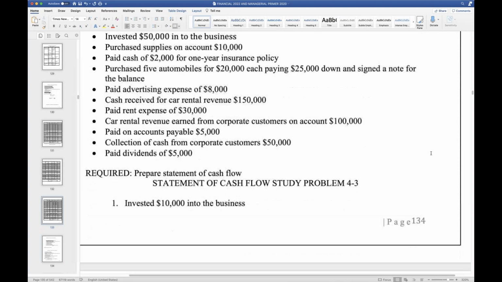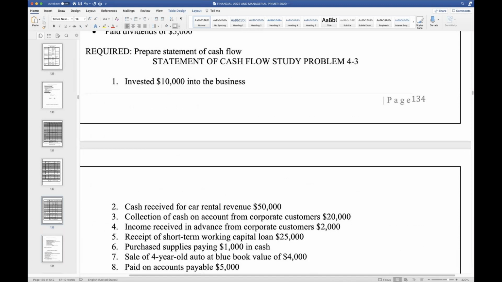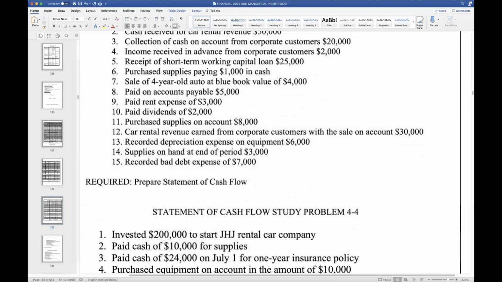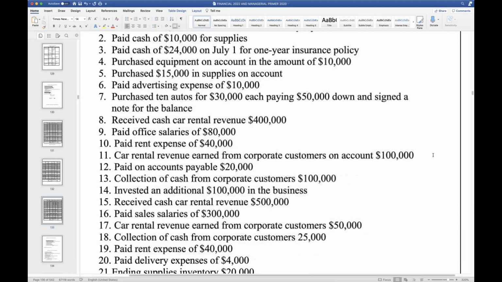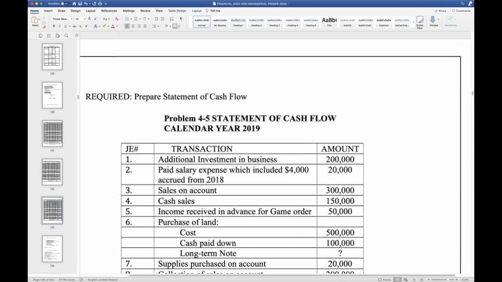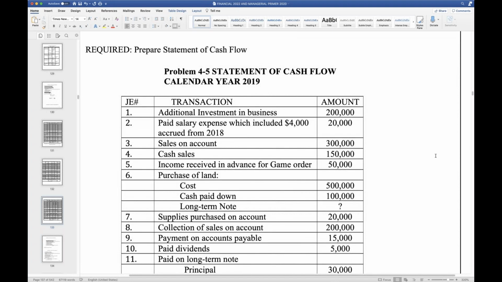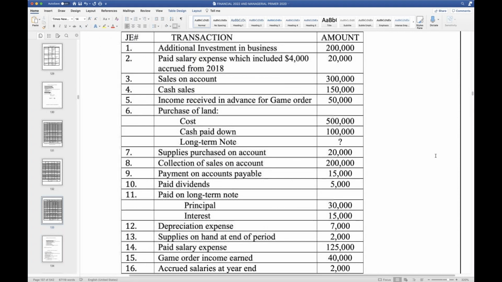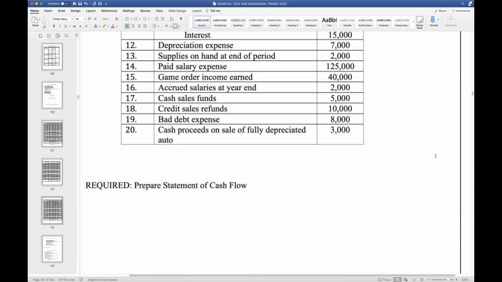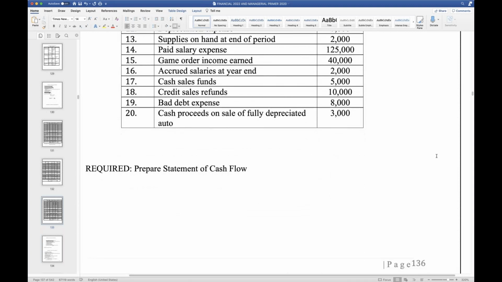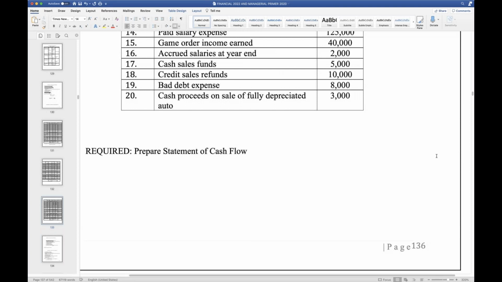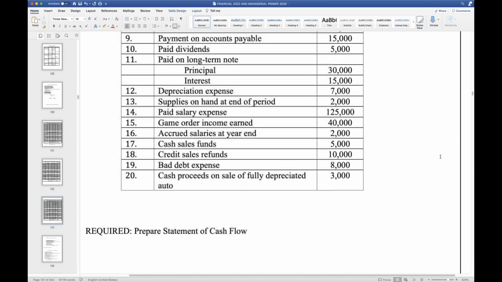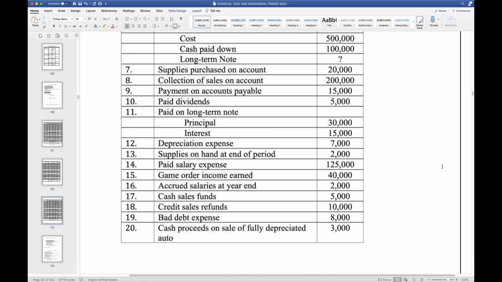So team 2 has 2. Team 3 has 3. Team 4 has 4. And team 5 has 5. I mean, team 1 has 5. We have 20 questions. Why do we need 20 questions?